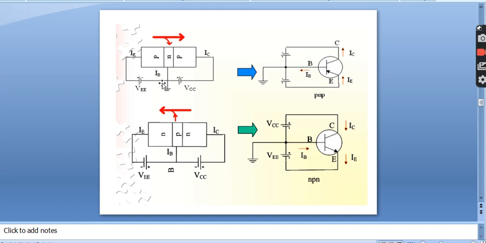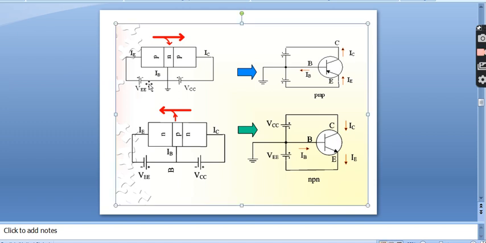The supply voltages for the PNP transistor are VEE and VCC. With VEE, the battery positive terminal is connected to the P-type emitter, and the base is connected to the negative terminal of the battery, which forms the forward bias. At the output end we maintain reverse bias, so the P-type collector region is connected to the negative terminal of the VCC supply, and the N-type base is connected to the positive terminal.